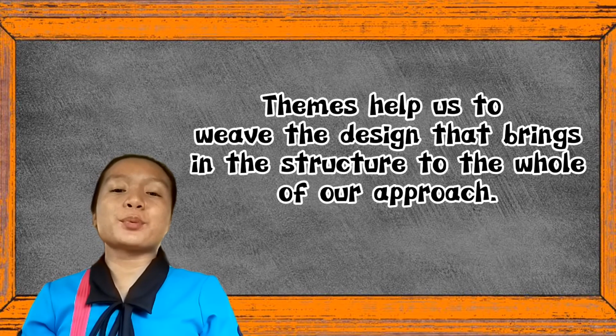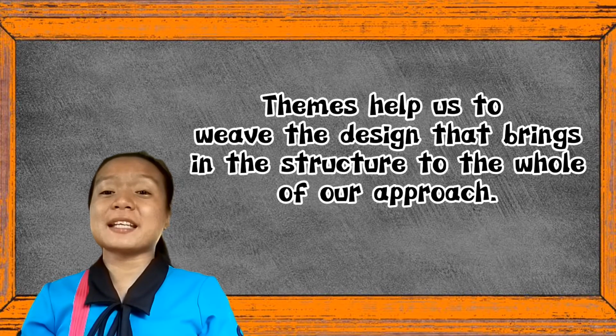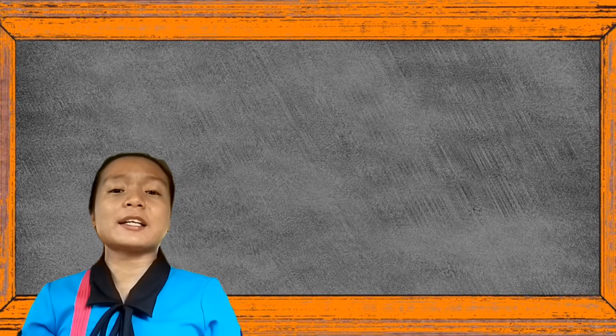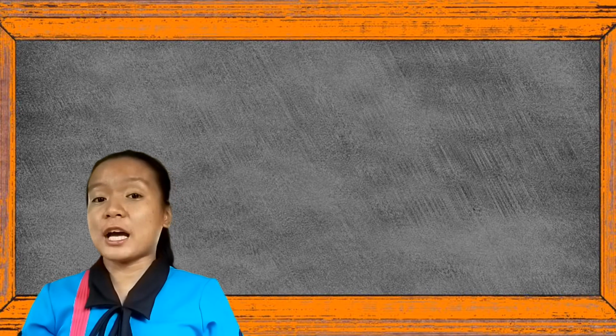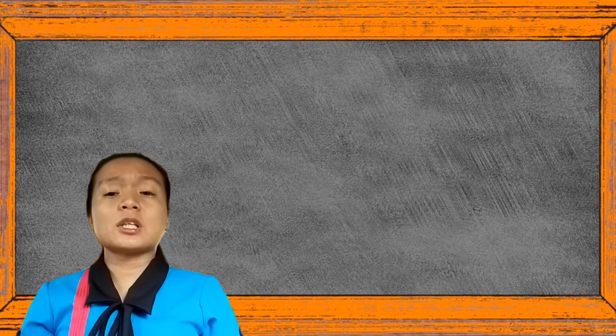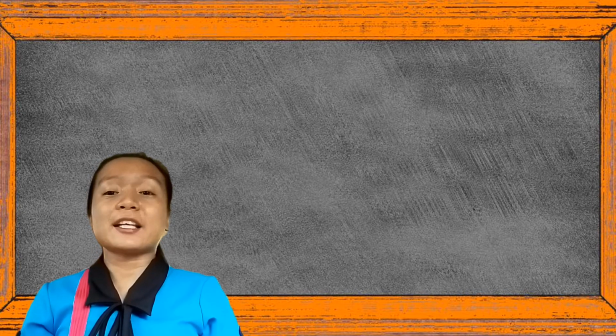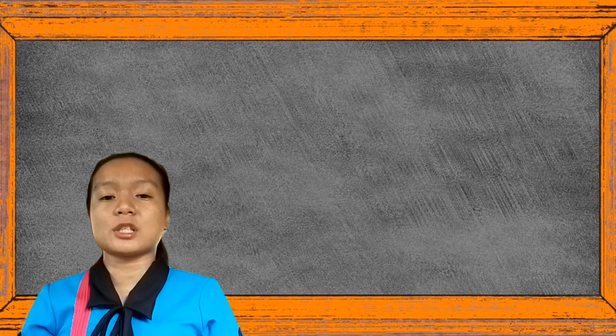Themes help us to weave the design that brings in the structure to the whole of our approach. They interview the different methodologies which make the learning experience meaningful for the child. Through theme, children get to understand their own unique strengths, explore multiple ways of learning, and also use the skills that they have been acquiring through Montessori methodology.